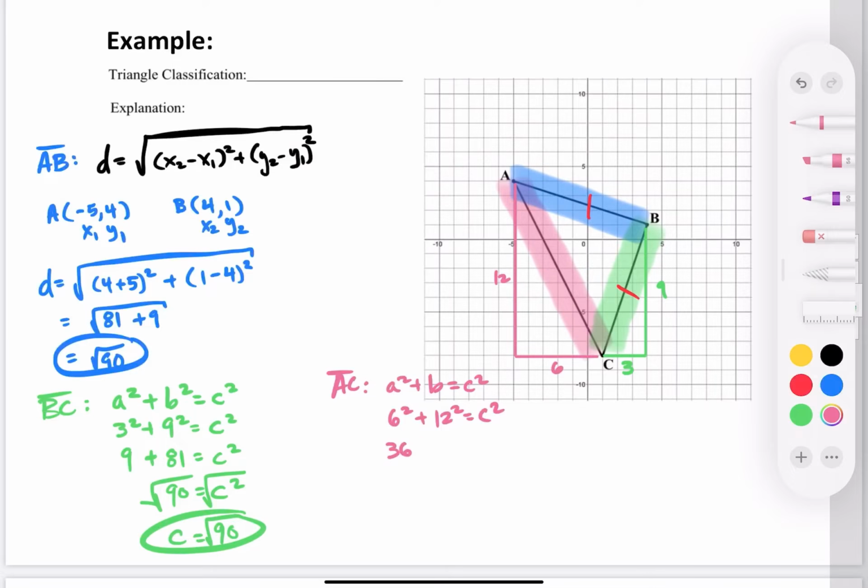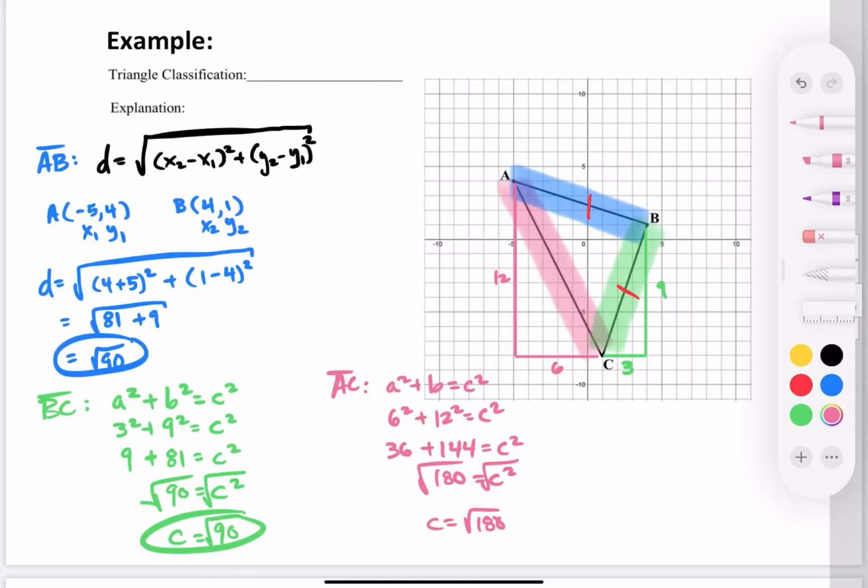That gives us 36 plus 144 is equal to c squared. And 36 plus 144 is 180. So now I got 180 is equal to c squared, which means c is going to be the square root of 180. So that's obviously different from the other ones.